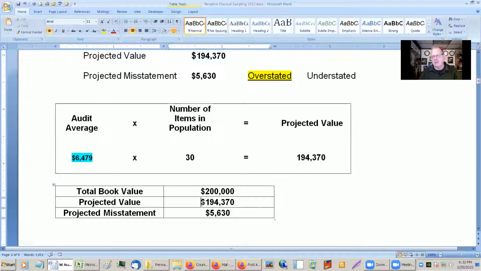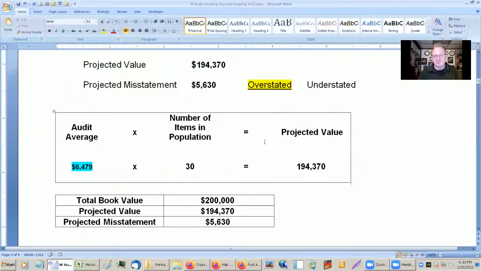They don't ask you whether $5,630 is material or not, but they will ask you what the projected misstatement or the projected value would be. They'll definitely ask you that. Again, when doing an audit, someone else should be able to do exactly the same thing and come up with exactly the same misstatement; whether it's material or not is a judgment call.